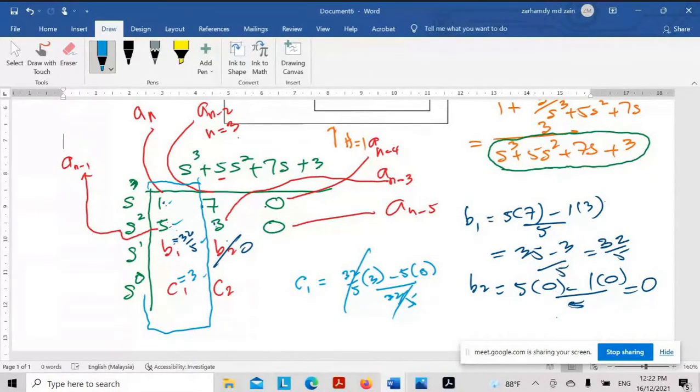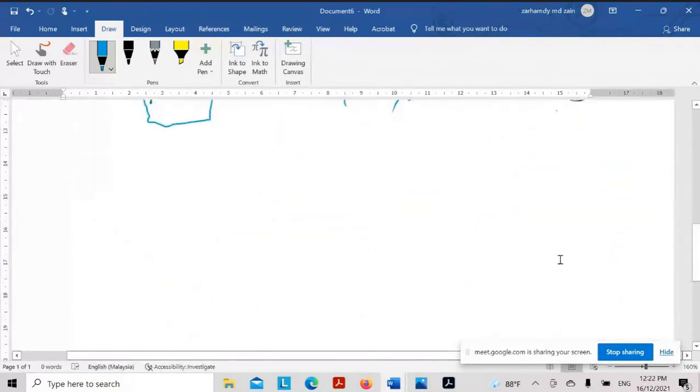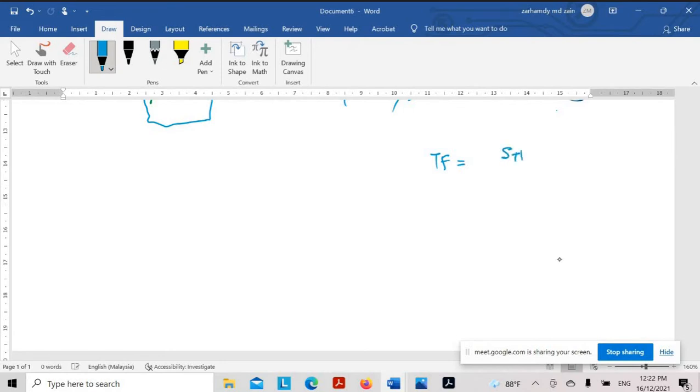Sebab apa? Sebab in the last lecture what we learned before this, sekejap saya cerita dulu. Saya cerita sebelum ni, what we focus on is, now we have the transfer function of our system. For example, we need to know the roots of our transfer function. For example we have S plus 1 and S plus 2.